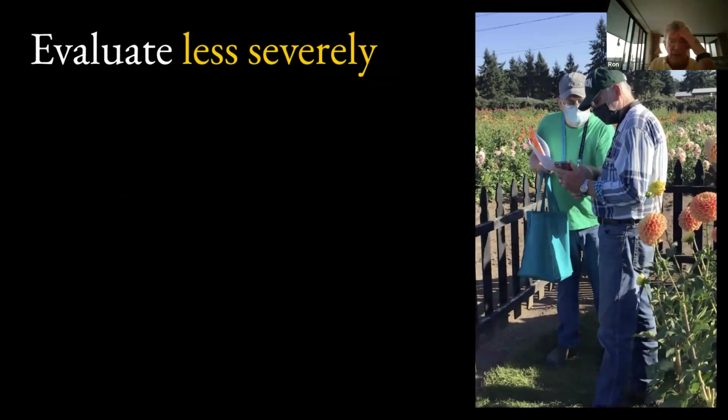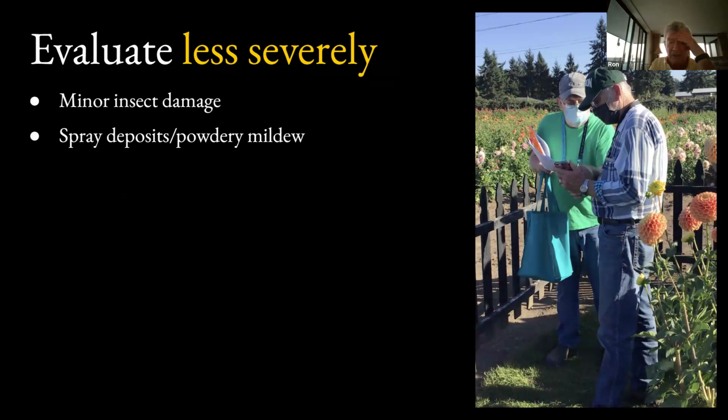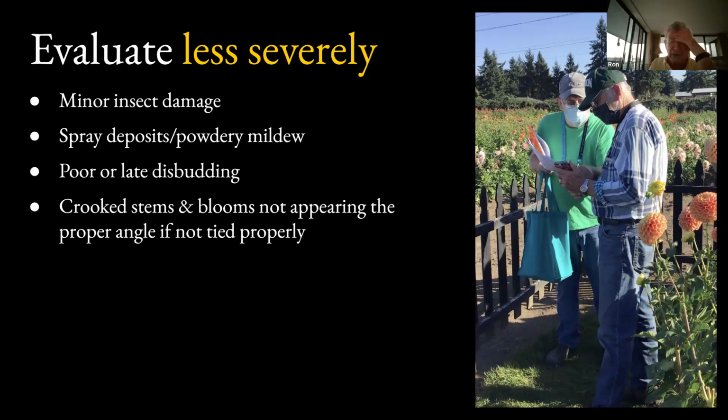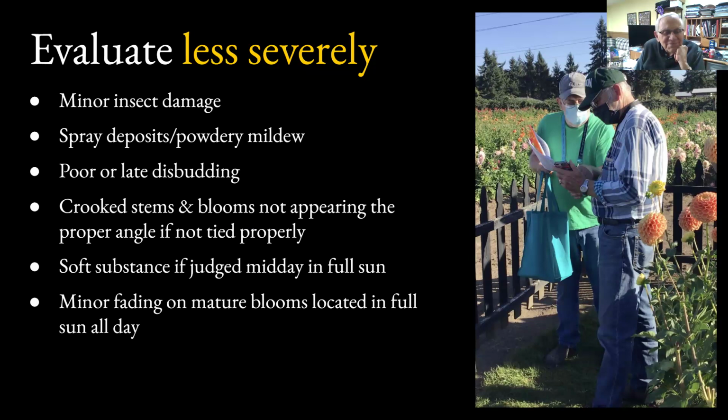That leads to evaluating less severely things like insect damage that doesn't have much to do with the potential for the entry, spray deposits, late disbudding, or crooked stems because they are not tied properly. I don't know why it's saying evaluate less severely. I pretty much just ignore any of those things, because I don't think they are determining the potential of the entry.